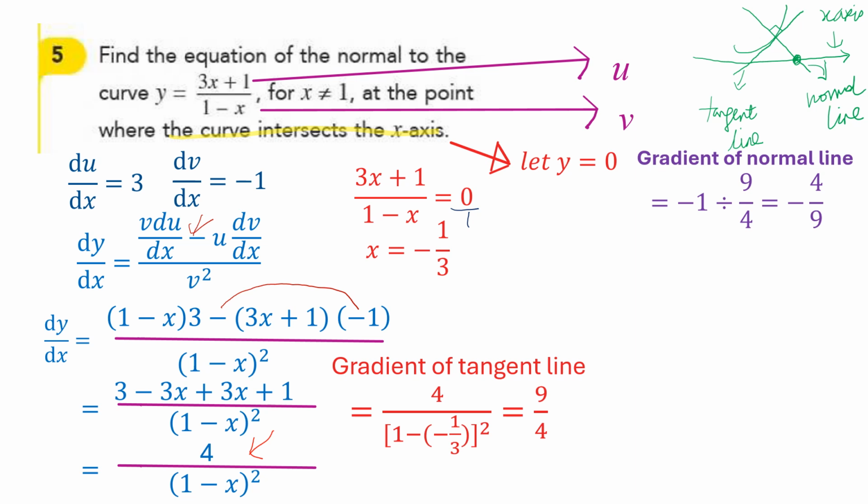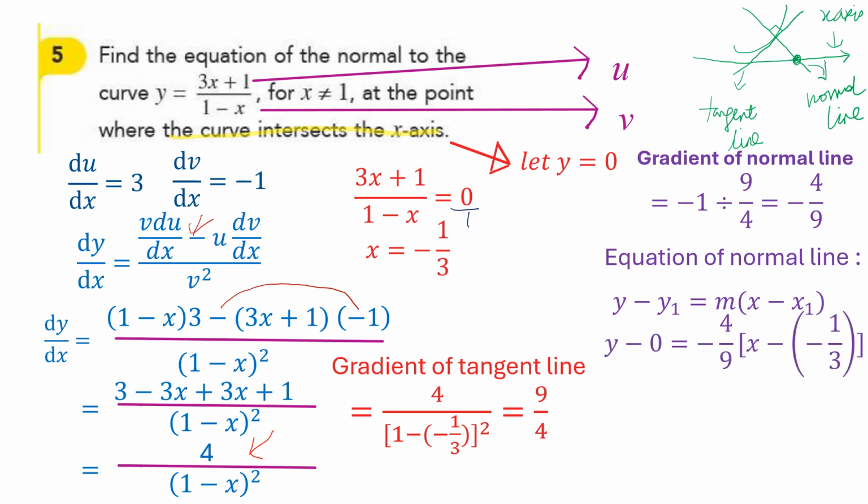Using the same formula that we have learned earlier on, y minus y1 equals to m bracket x minus x1. Substitute in your x1, y1. In this case here, your x1 will be negative 1/3 and your y1 will be 0. Simplify it, and that is how we find the equations of the normal line.